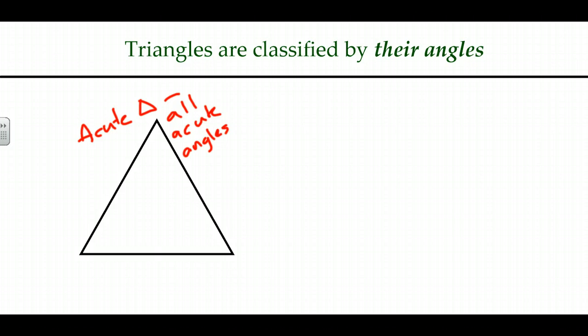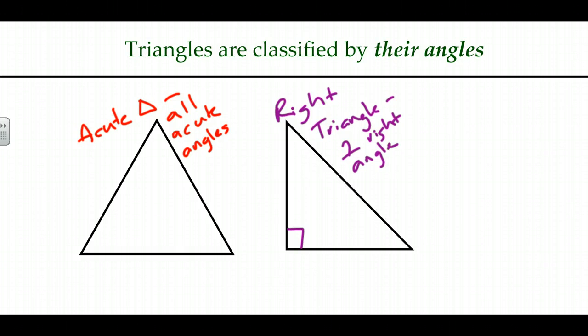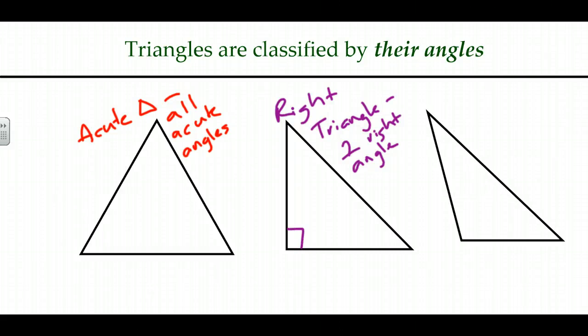If the triangle, on the other hand, has a right angle, such as this one, we call it a right triangle, because it has one right angle. And finally, if the triangle has an obtuse angle, like this one here, it's called, you guessed it, an obtuse triangle.